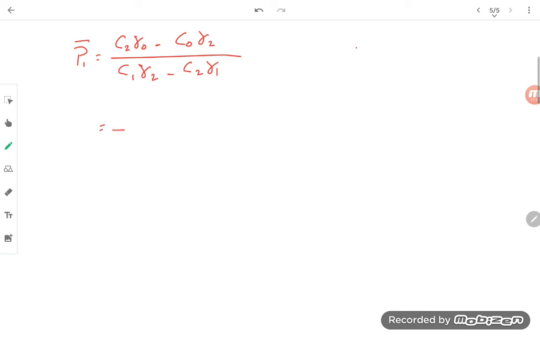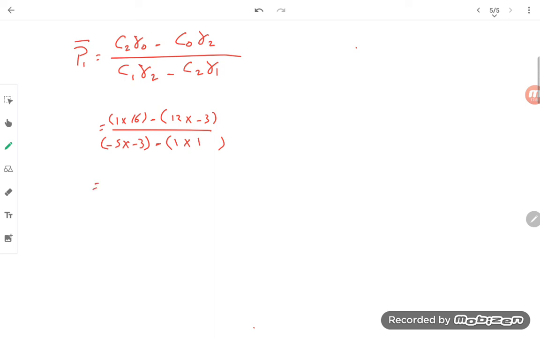So it will be C2, it's 1, multiplied by gamma node, which is 16, minus C node, which is 12, multiplied by gamma 2, which is negative 3, divided by C1, which is negative 5, multiplied by gamma 2, which is negative 3, minus C2, which is 1, multiplied by gamma 1, which is 1.